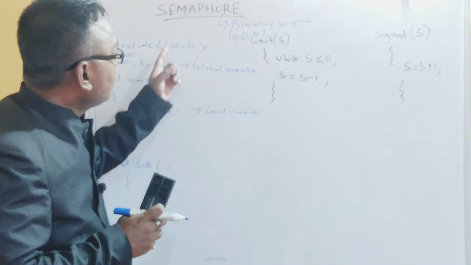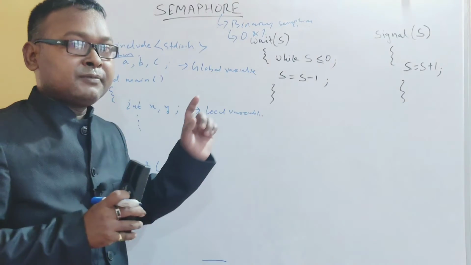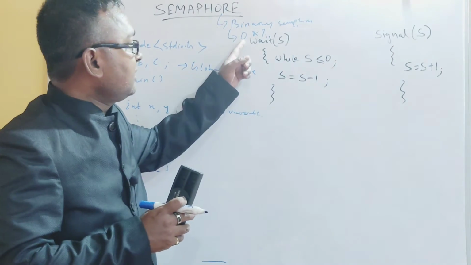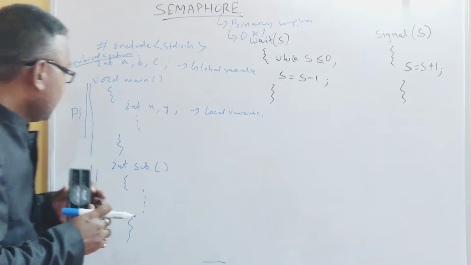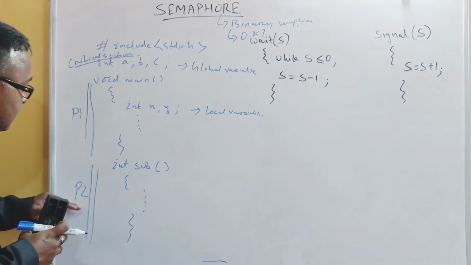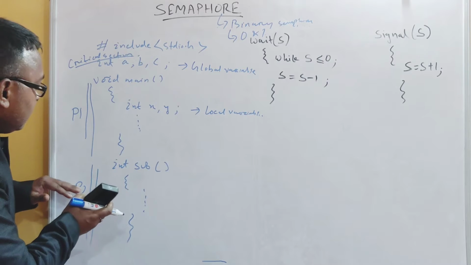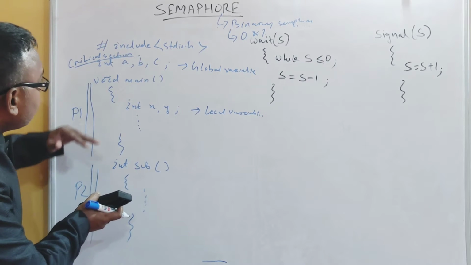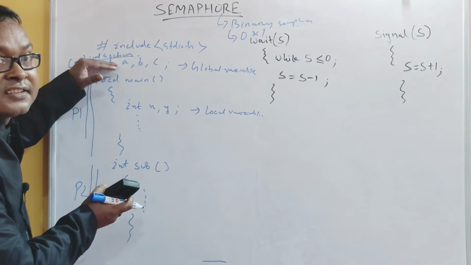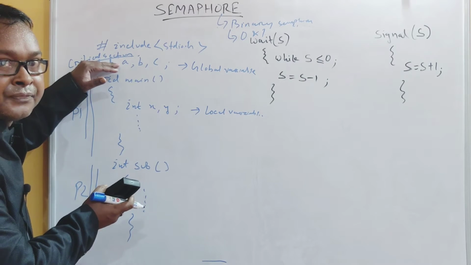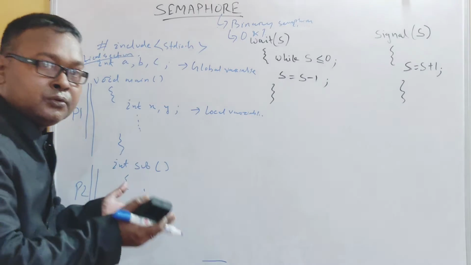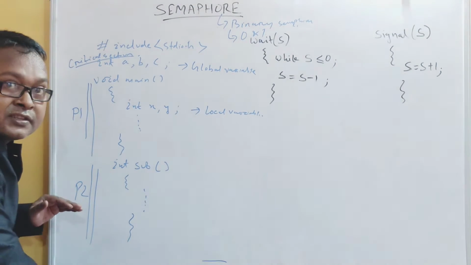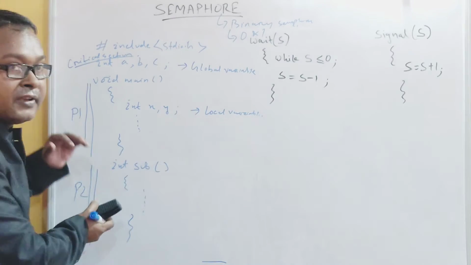We will be learning about the binary semaphore here. Binary means two values, it can take the two values 0 and 1. Right now process P1 and P2 have to be synchronized properly to access the critical section, that means the global variable. So how do we synchronize all the processes in your program to access the global variable?